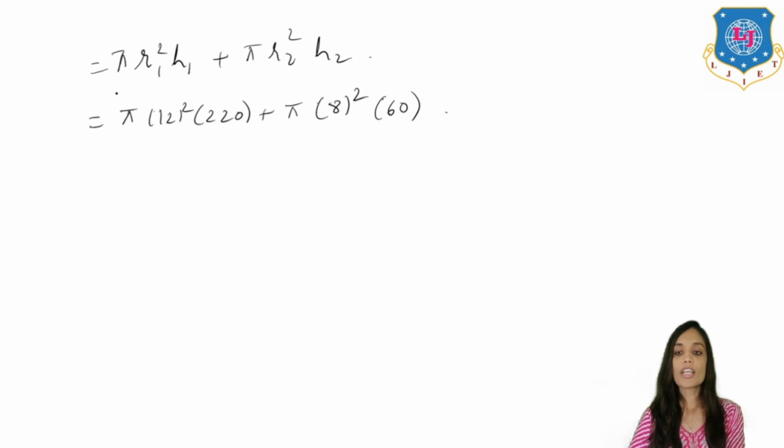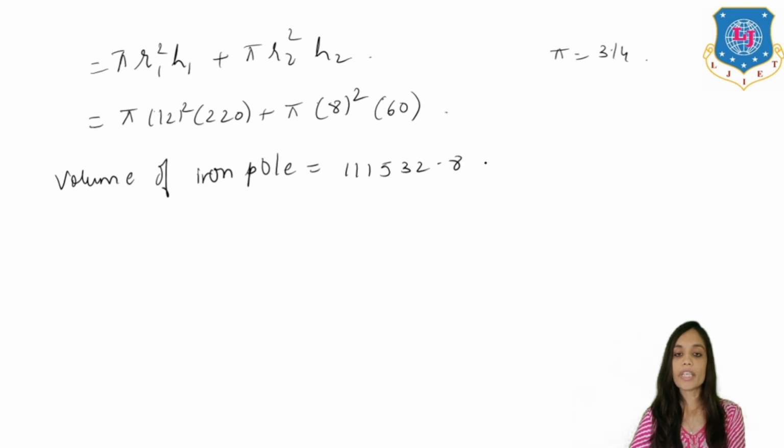So if you put the value of pi, that is 3.14, and simplify, you will get the volume of the iron pole as 111,532.8 centimeter cube. Now we are given that 1 centimeter cube of iron has approximately 8 gram mass.